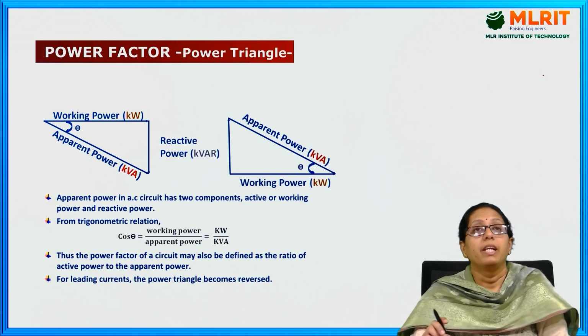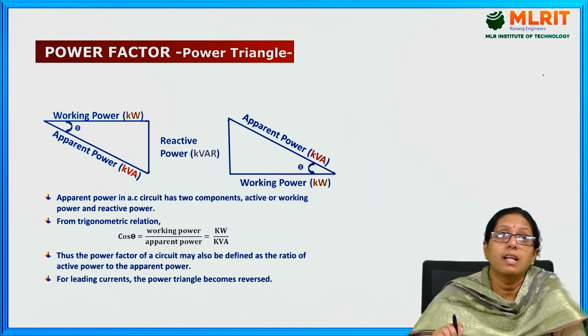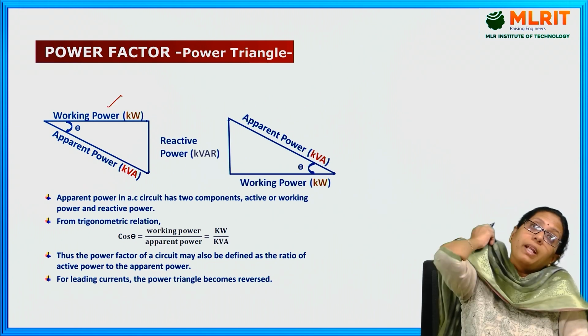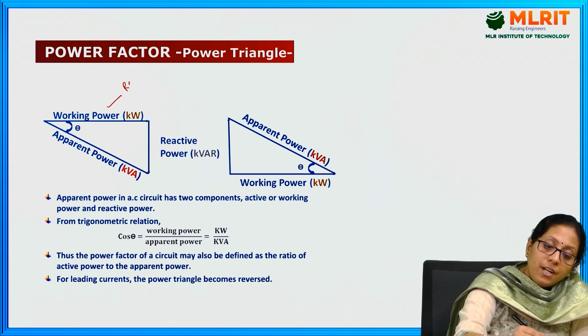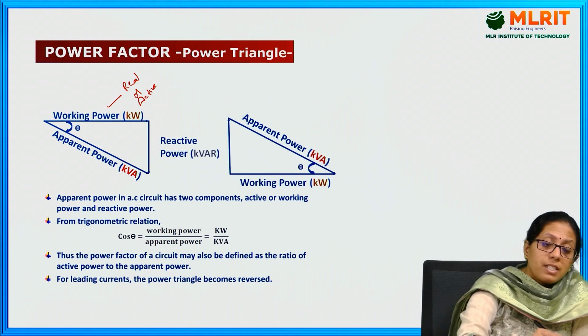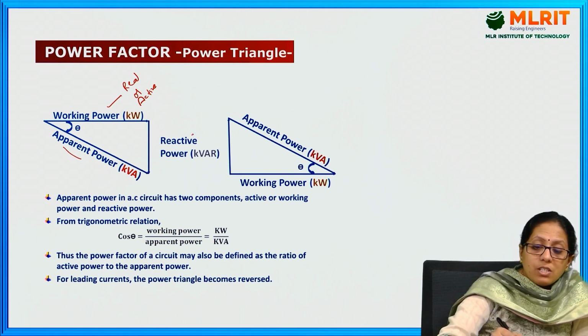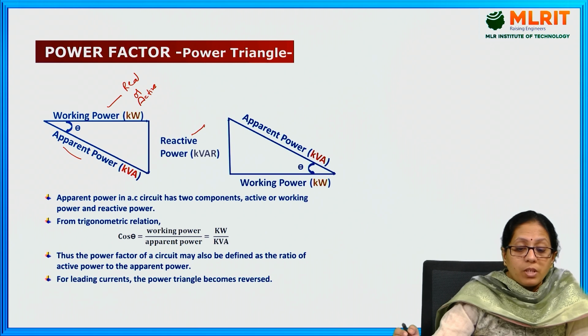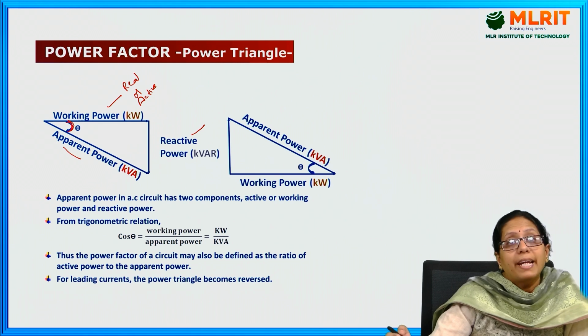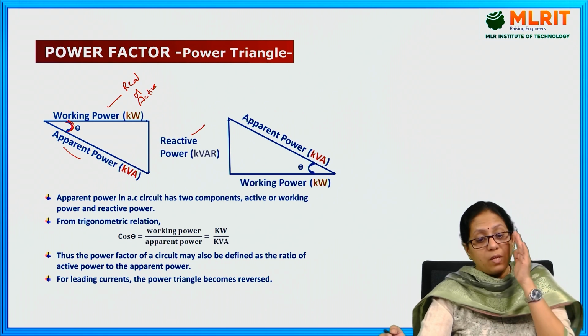So, here is a power triangle. This is the working power, which you can also call real power or active power, this is the apparent power, and this is your reactive power. The angle between the working power and the apparent power is your angle theta, that is the phase difference between the voltage and the current.